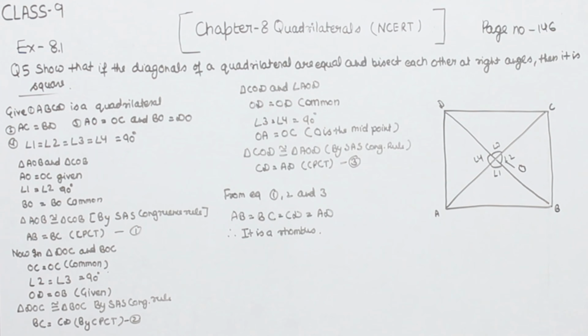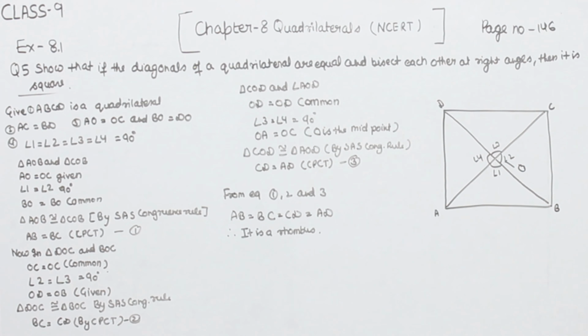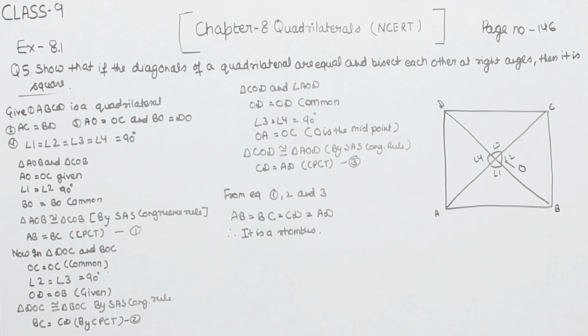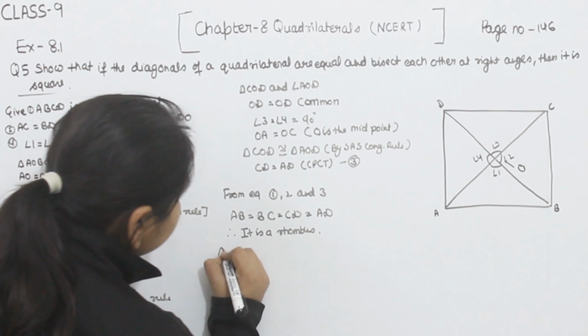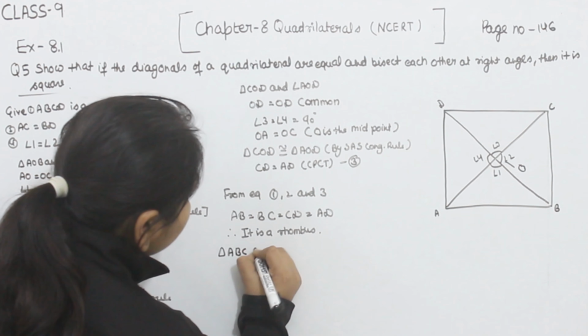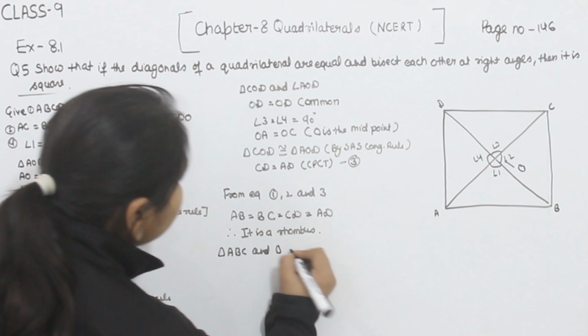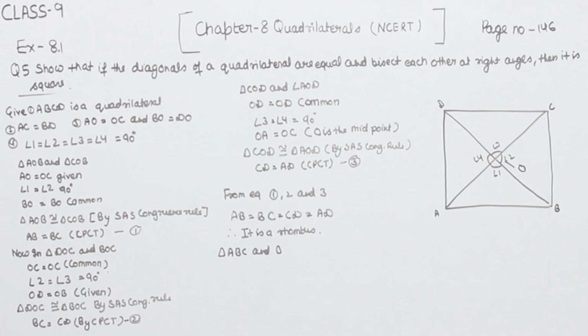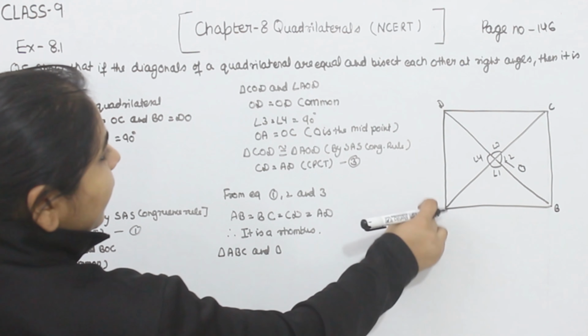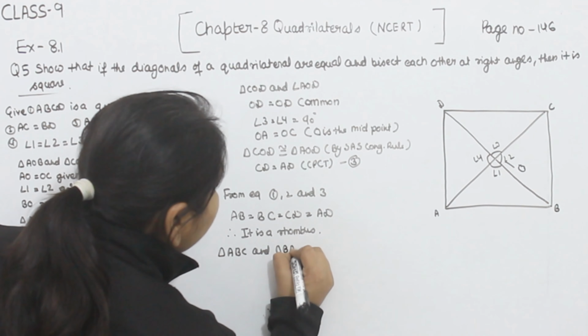Now as we proved that it is a rhombus, we are going to take another pair of triangles, the triangle ABC and the triangle DAB, or you can say the triangle BAD.